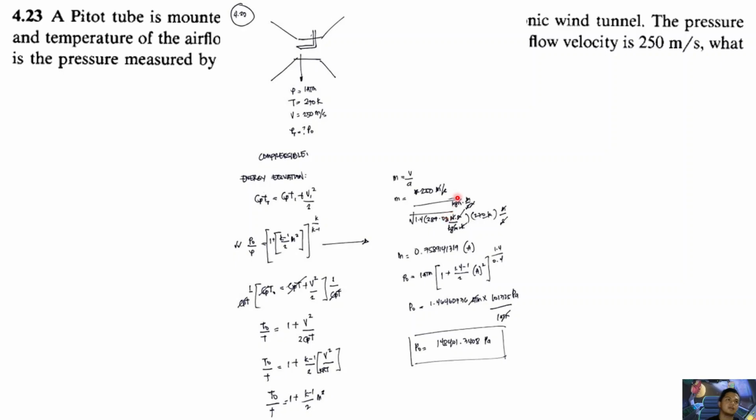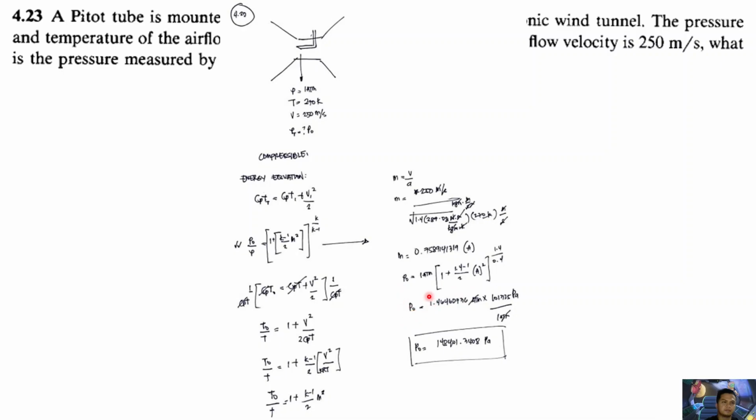The kilogram mass cancels out. Next is Kelvin. So what remains is meter squared per second squared inside the square root sign, and the root gives meter per second, which cancels out with the velocity. So, our Mach number is 0.7589141319.